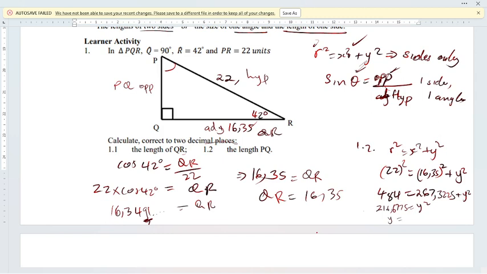I mean y equals to plus minus the square root of 216.675. Press your machine. Give me 14.72. Of course, we want the magnitude.